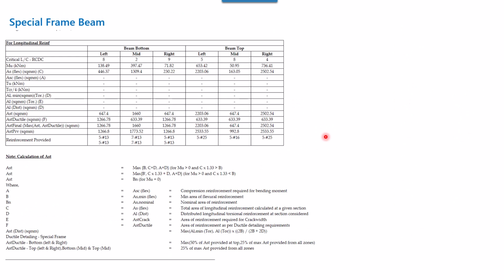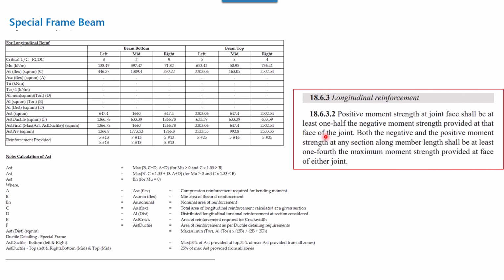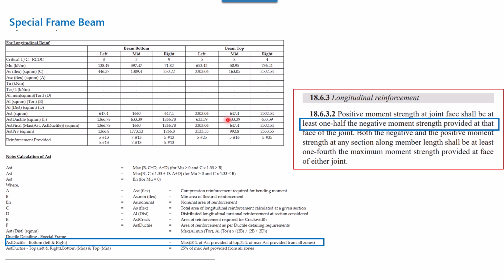Next, for a special frame beam, the calculation of AST is such that whatever AST we provide for the top reinforcement, the bottom at the support has to be at least 50% of what has been provided at the top location. So while determining the AST for the left and right, specifically for the bottom, the code says at least 1/2 of the negative moment strength needs to be provided.